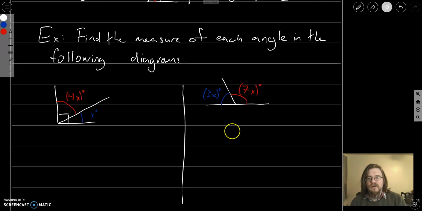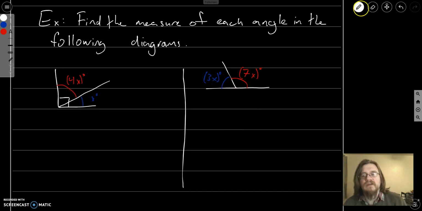So one thing that we can also do is throw in some variables in here. So here I have two angles. One angle is x and the other angle is 4x. And we can see that we've put these together. And again, this squarish angle sign means we have a right angle here. So if I want to know what the angles are here, I know that they add up to 90 degrees.